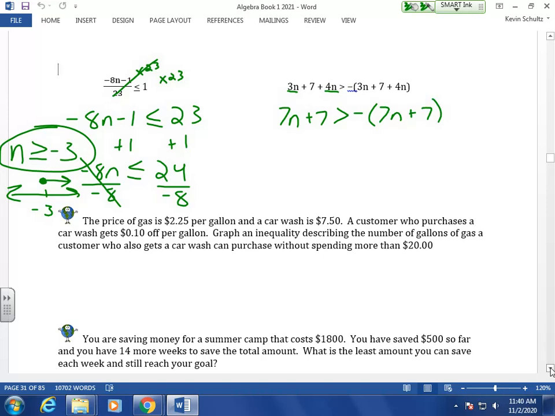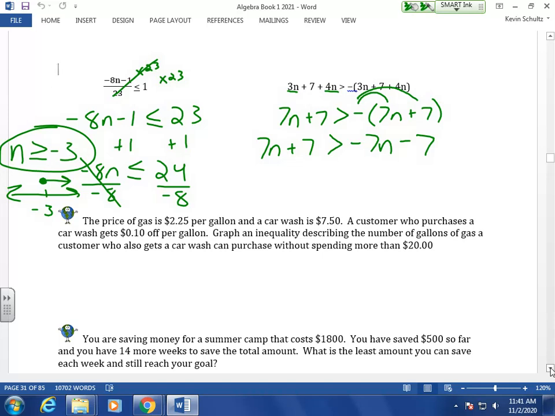So when I distribute this negative sign in, my left side stays 7n plus 7, but my right side becomes negative 7n minus 7. Well, it's not a problem.